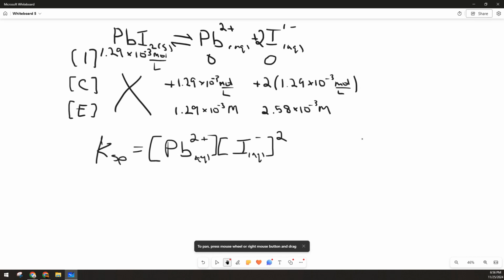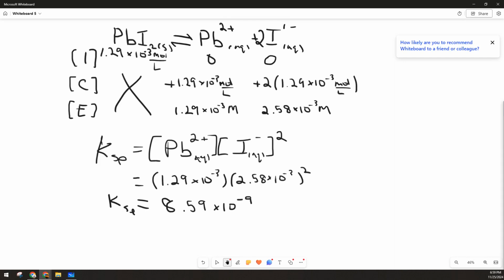All that's left to do now is to substitute in our equilibrium concentrations and solve for the KSP value. So the KSP value for lead iodide is 8.59 times 10 to the negative 9. As with previous equilibrium constants, we will leave this as dimensionless without any units.